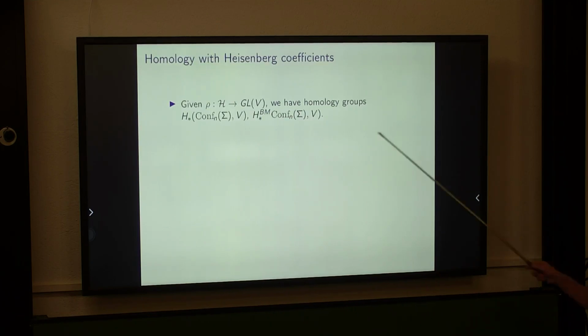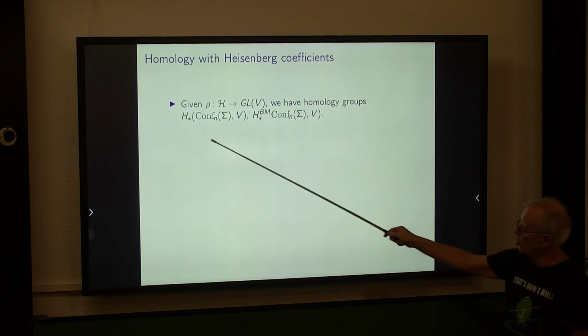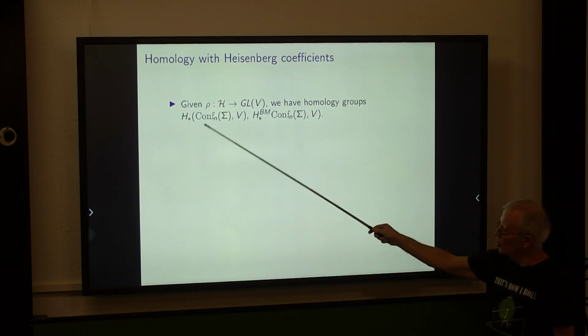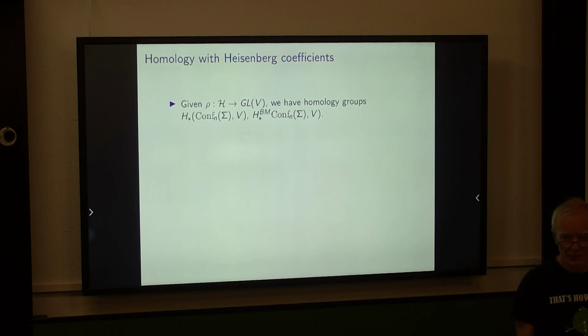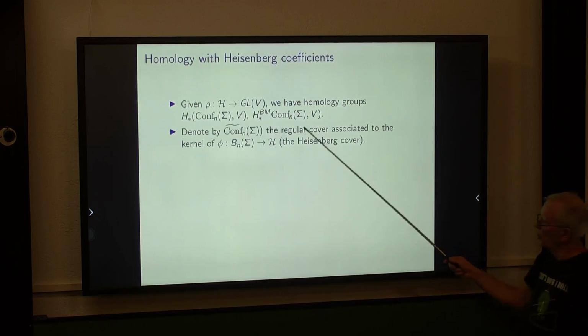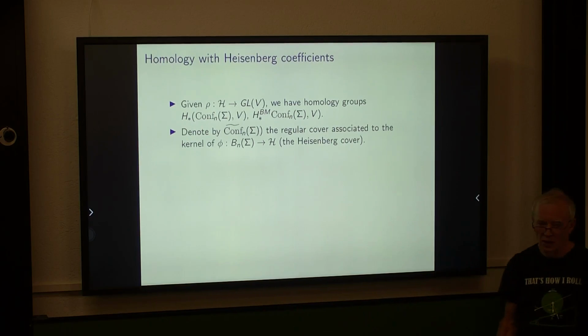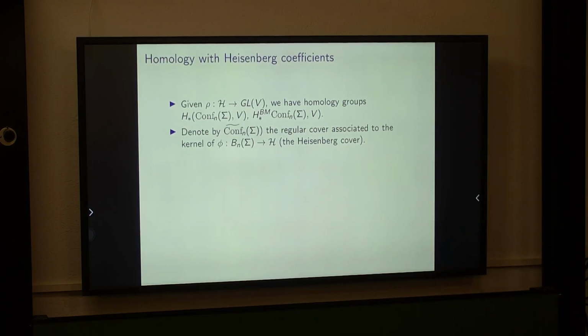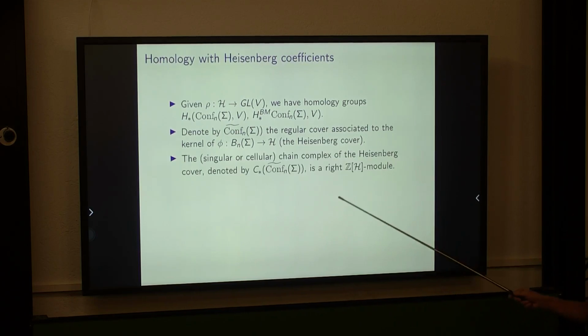So given such a representation, we have homology groups, standard homology or Borel-Moore homologies. If we denote with a tilde the regular cover associated with the kernel of the quotient map, so the normal subgroup generated by the commutator with sigma 1, then we can consider the chain complex, or cell complex, depending on your favorite model, of the Heisenberg cover.